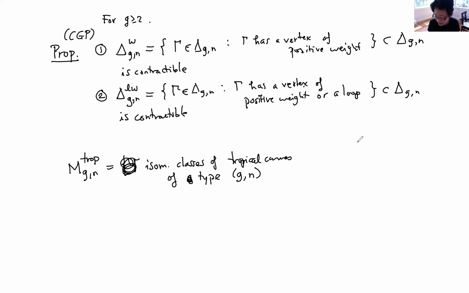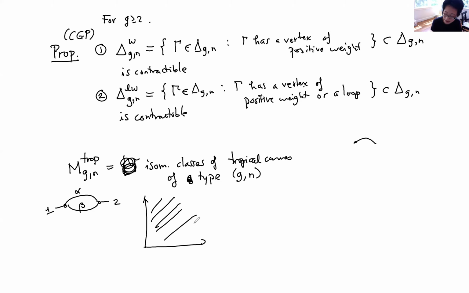For every fixed combinatorial type, sorry, my tablet has done something weird. Let me avoid the right-hand side of my tablet. I can't write on that at the moment. For any fixed combinatorial type, like this one, you obtain a cone parametrizing the possible edge lengths, which are any positive real numbers, alpha and beta in this case.